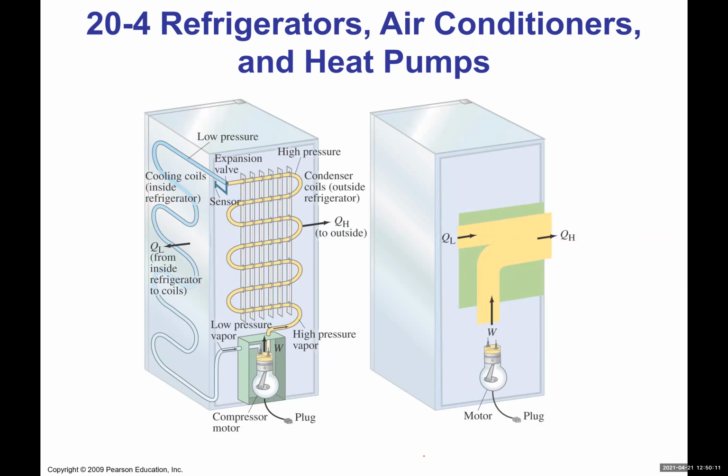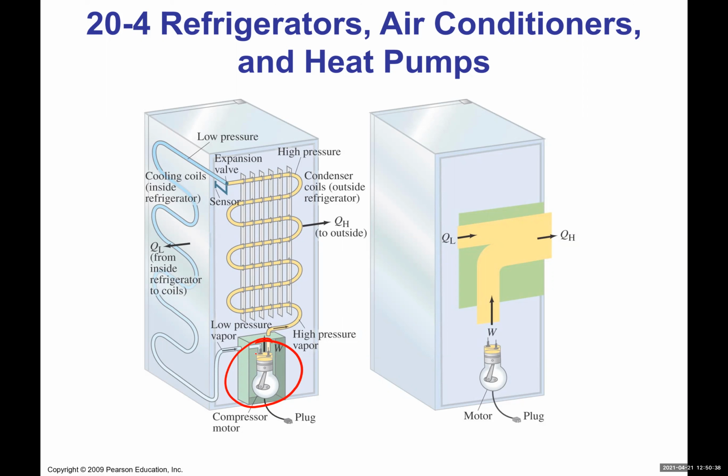Another one here is a refrigerator, which does a very similar thing. So for the refrigerators, the process is that you have another compressor motor, okay, and basically the idea here is to keep the inside of the refrigerator cool.